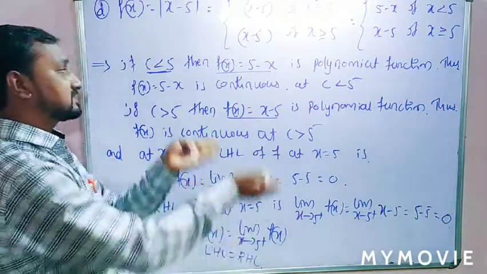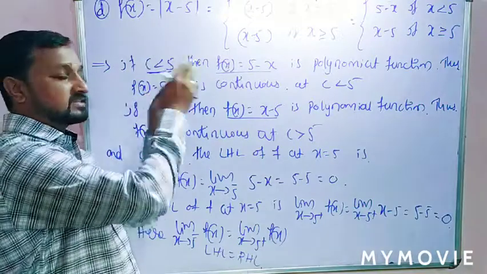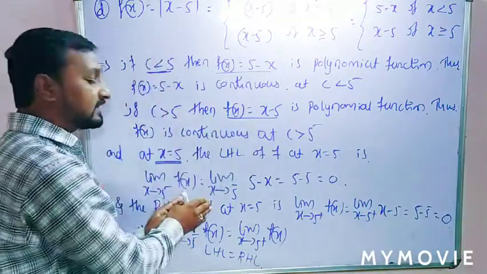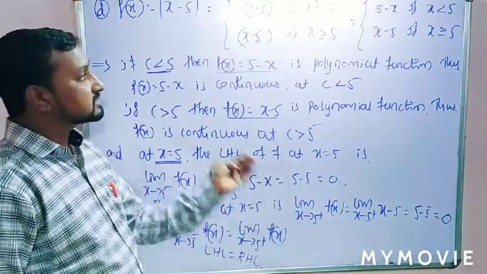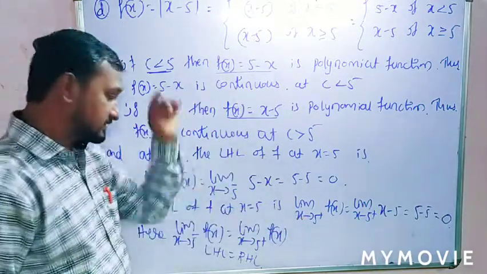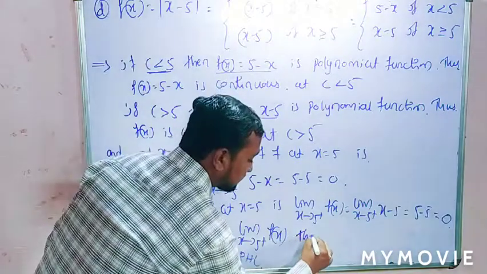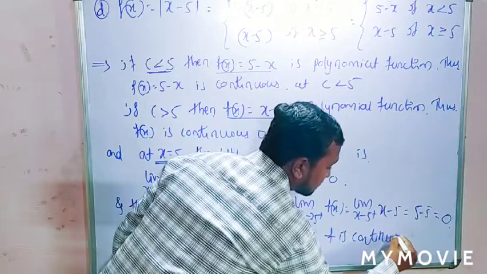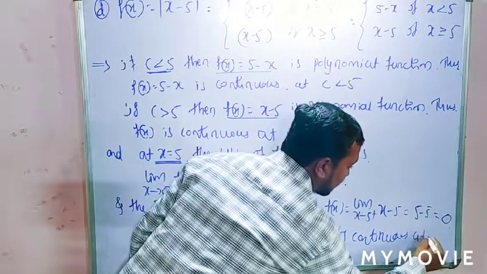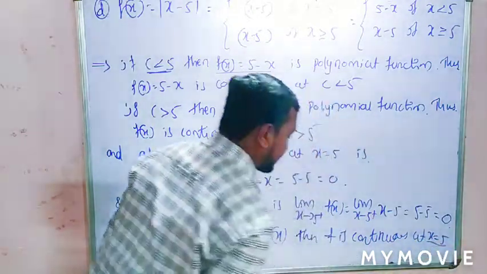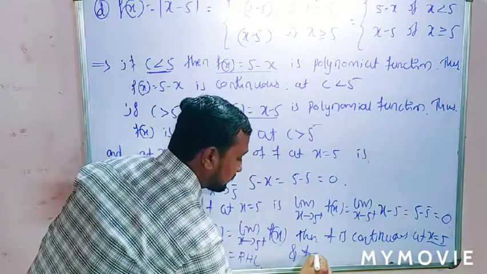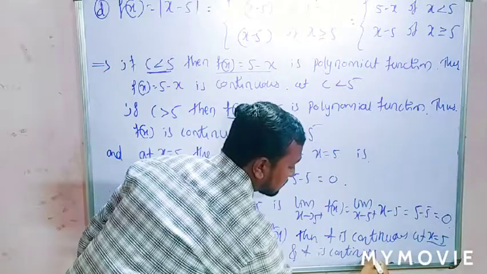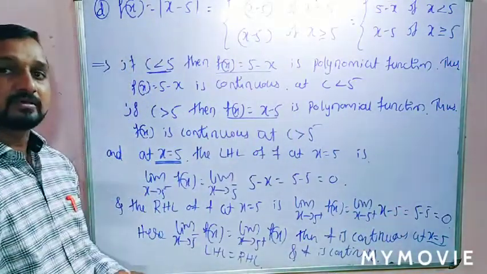Here the function is continuous at every real number less than 5, at every real number greater than 5, and at exactly 5. Thus the whole function is continuous. Is that clear? Then f is continuous, finally f is continuous everywhere. F is a continuous function.